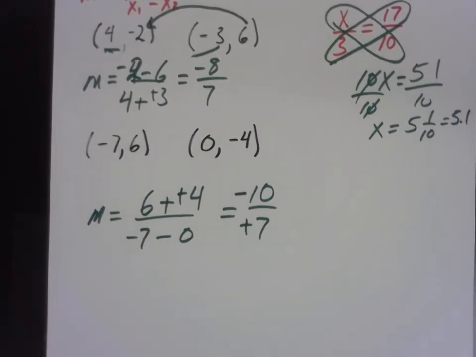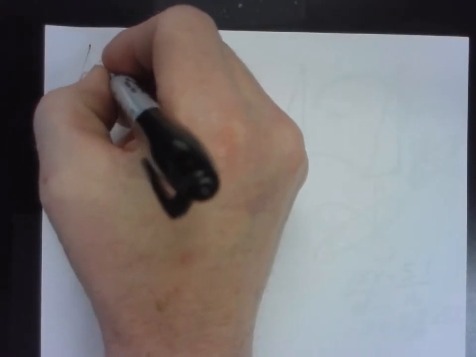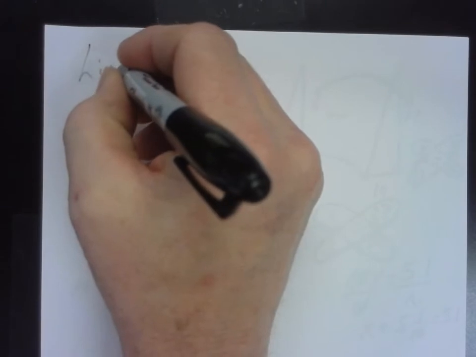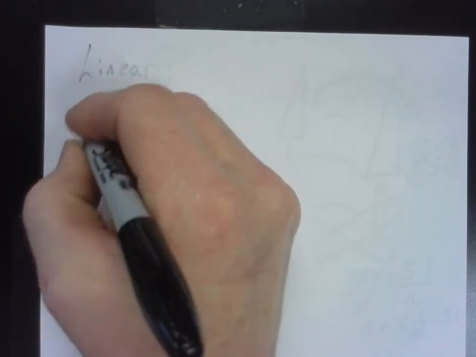Okay, so let's talk about your assignment. Most of you are getting close to this one, so let's all go to number 29 and talk about it. And we're going to talk about making a linear model.